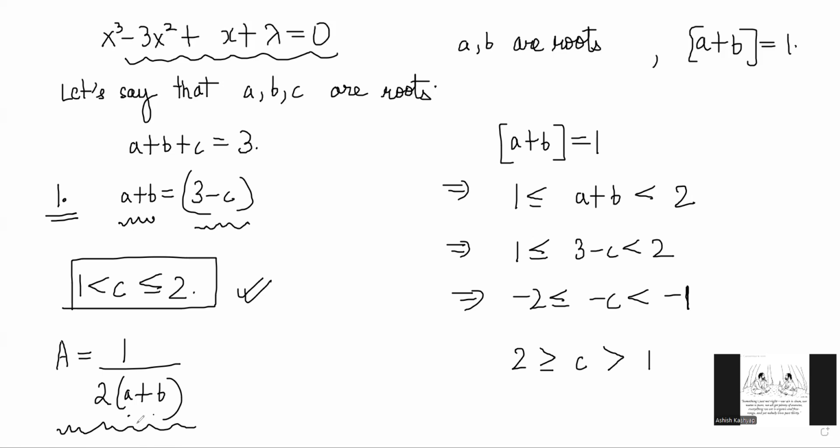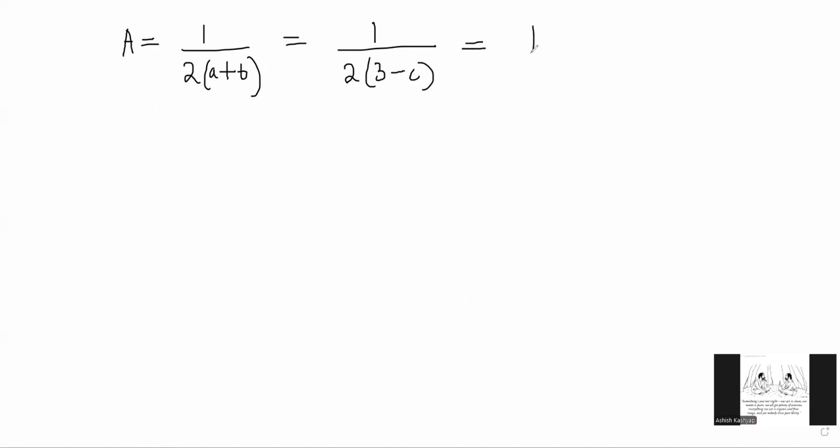We don't know how to do maximum minimum for two variable functions, right? So our job would be to try to convert it into a function of a single variable, this area, right? So what I can do now is area of the triangle is 1 by 2 times a plus b. And instead of a plus b, I can write 3 minus c. So this becomes 1 by 6 minus 2c, right?